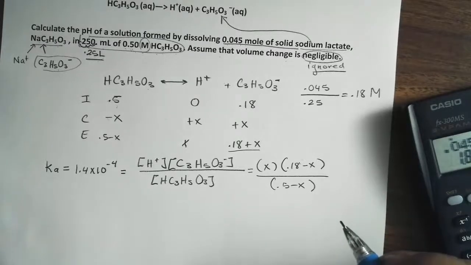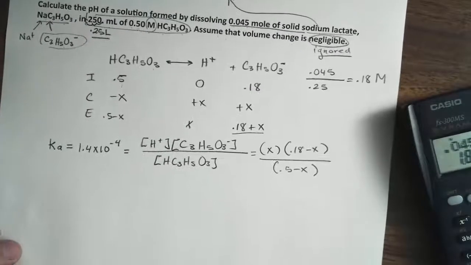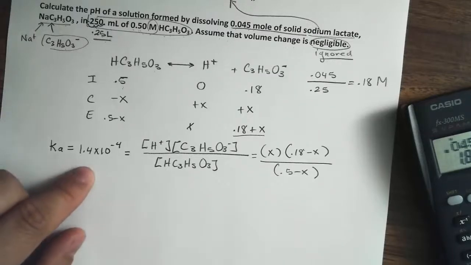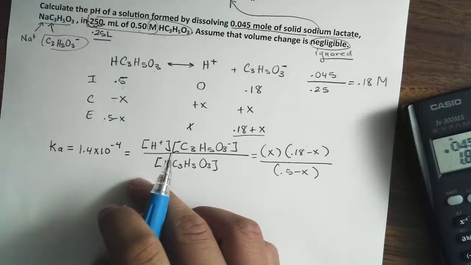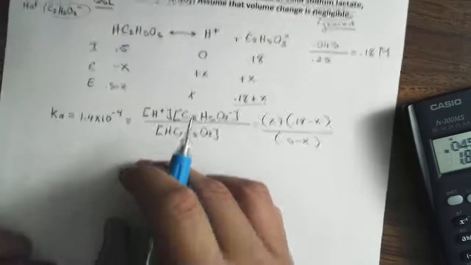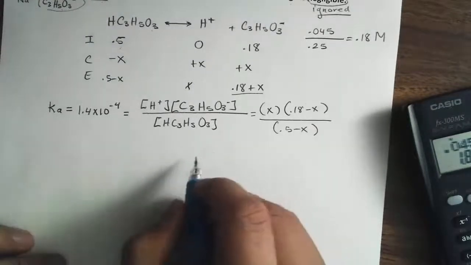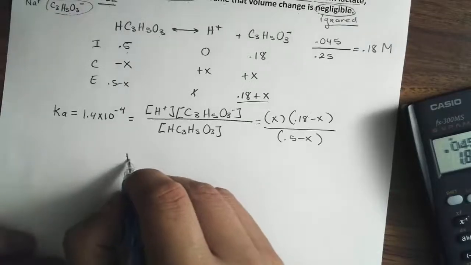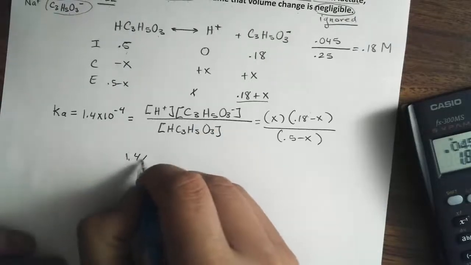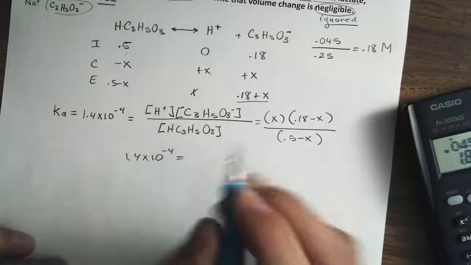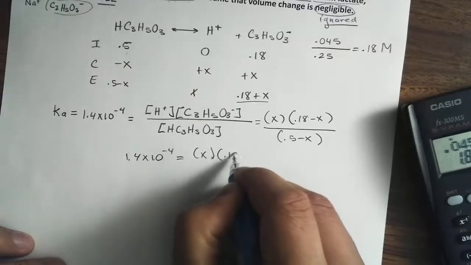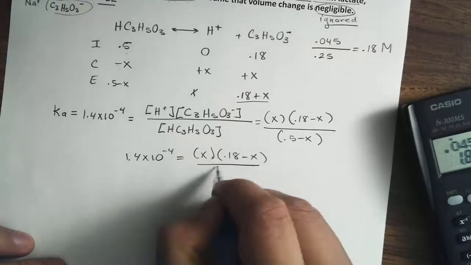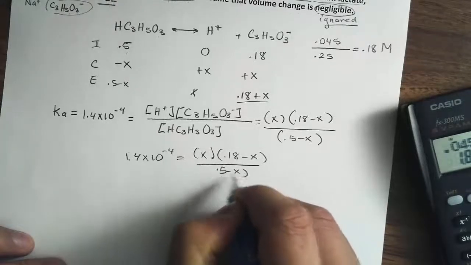Just like the same problem we did before, where we are given the K and we have to solve for x. Now let's rewrite this, ignoring the middle part: 1.4 times 10 to the negative 4 equals x times 0.18 minus x over 0.5 minus x.